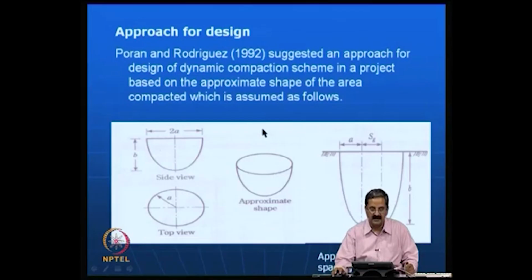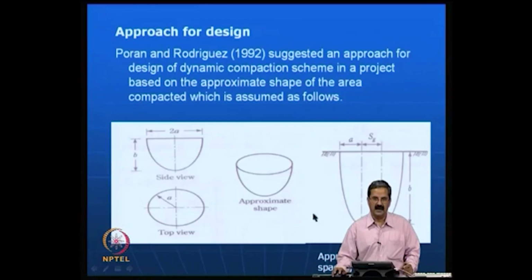The design is very important in this process, but it is a very simple principle. You compact a soil, and the weight densifies it, giving an approximate shape of the area that is going to be densified. This is a sectional view, and this is a top view of that.